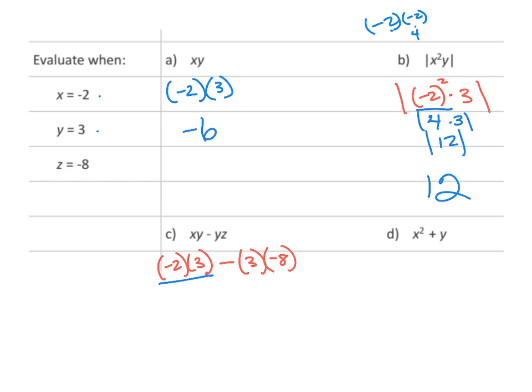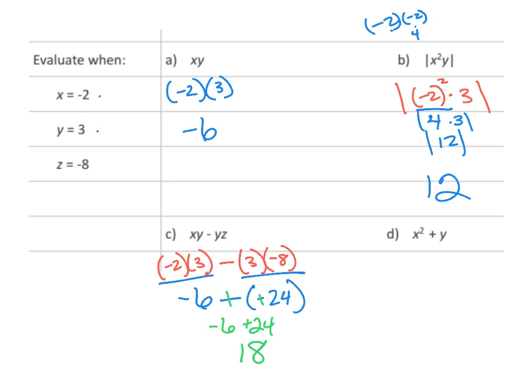Negative 2 times 3 is a negative 6, minus, now we do the back half, 3 times 8 is 24, but it's a positive times a negative, so it's negative 24. So subtraction, I'm going to double dash, so it's actually negative 6 plus 24. The 24 has a larger absolute value, so it's going to be a positive 18.